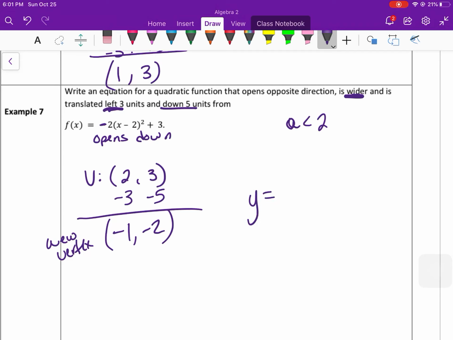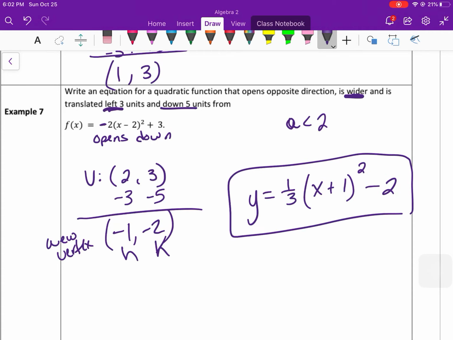So y equals, it was opening down, I want it to be positive, so opening up. I need something that's wider, so how about a third instead of 2? That'd be significantly wider. And then hk, so x would be plus 1 for x minus h squared, and then minus 2 for plus k. And then that would be my answer.